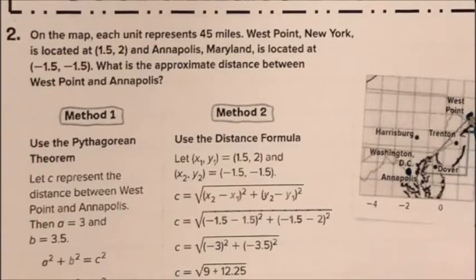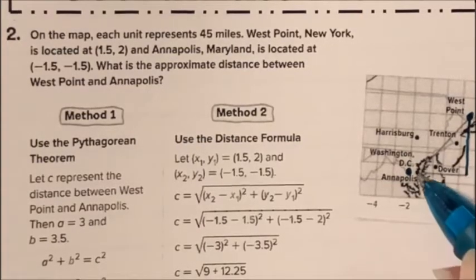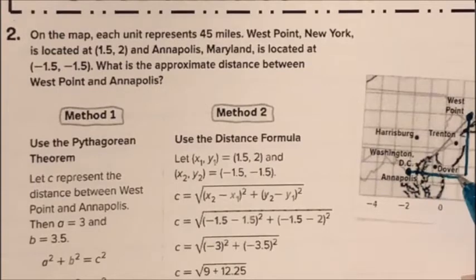Here's West Point. Method 1 is to use the Pythagorean theorem. So I have to figure out the triangle. There's my triangle. This is 3 units down and 3.5 units over.